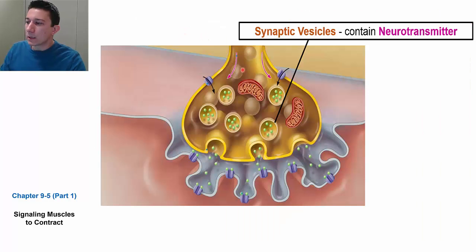Okay. So looking within the synaptic terminal, or the axon terminal itself, we see these small bubble-like structures that are containing some substance, and the substance that it's indicating here is the neurotransmitter. This is the chemical signal that the nervous system releases in order to signal other cells.